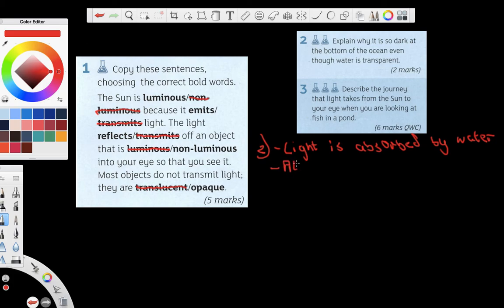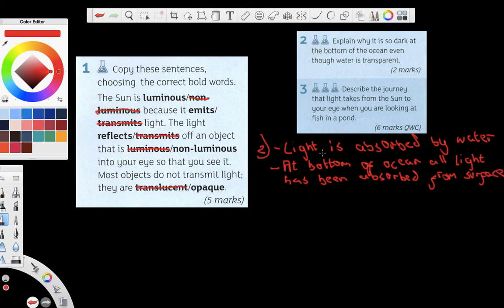So at the bottom of the ocean, all light has been absorbed from the surface. So your 2 marks come from saying that light is absorbed by water, and therefore by the time you get to the bottom of the ocean, all the light has been absorbed from the surface.